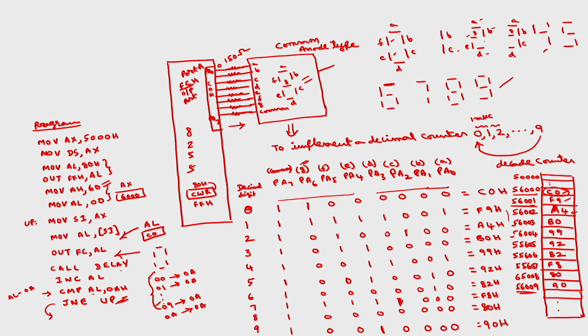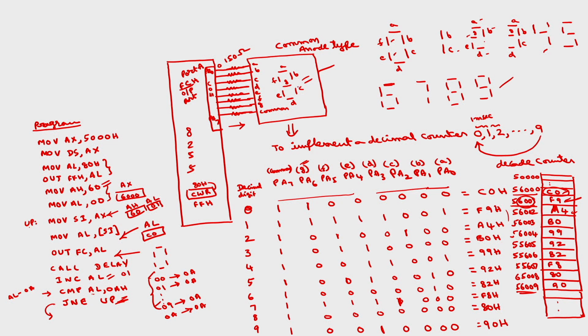AL contents after the first iteration are 01, that 01 remains in AL. So, when this is not true, here it will go. In AX, AH will be having 60 only. Now, in the second iteration AL will be having 01. So, the offset 6001, which corresponds to the code for digit 1, is stored in that particular location. Is it clear now?